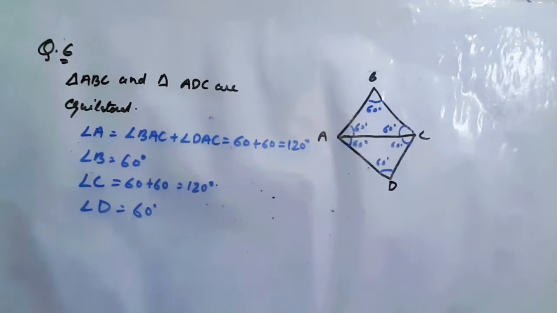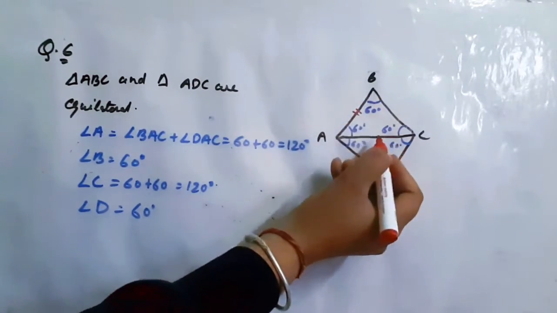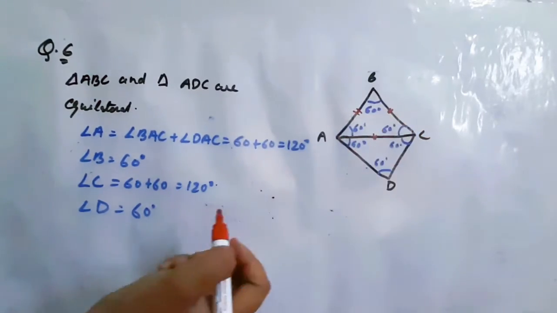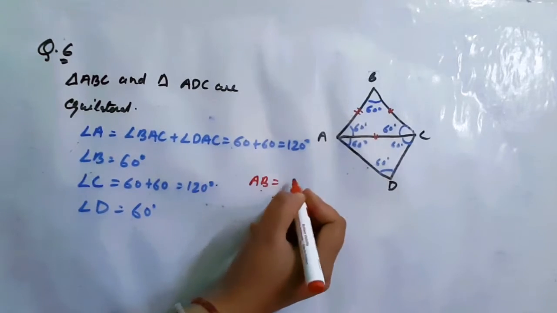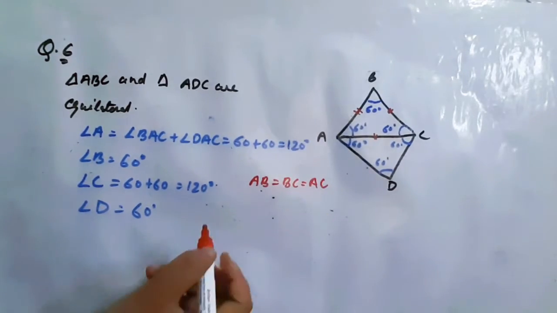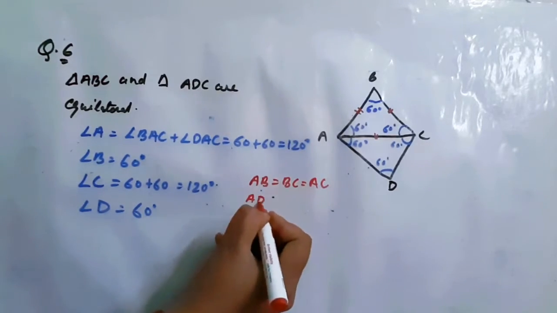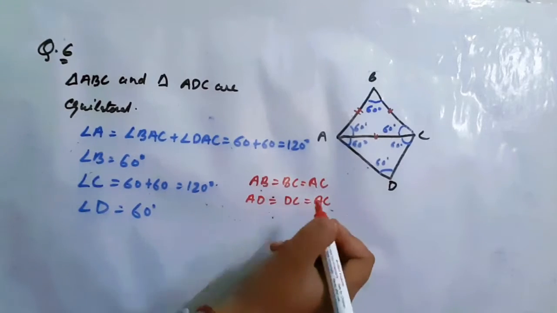Now we have to prove that it is a rhombus. So we know that in an equilateral triangle all sides are equal. So we know that AB equals BC equals AC, and AD equals DC is also equal to AC.